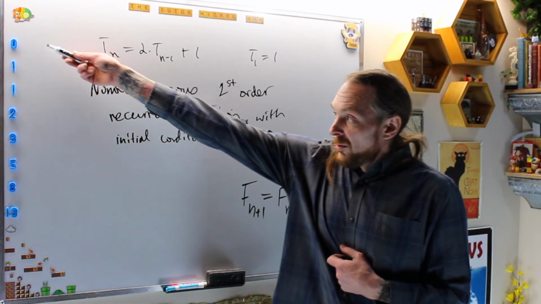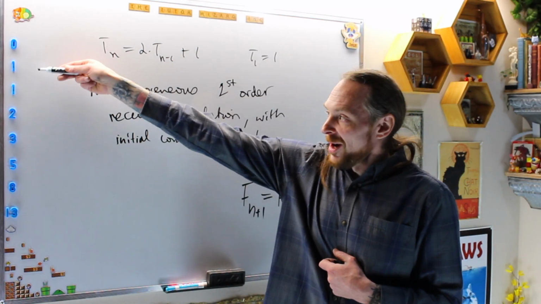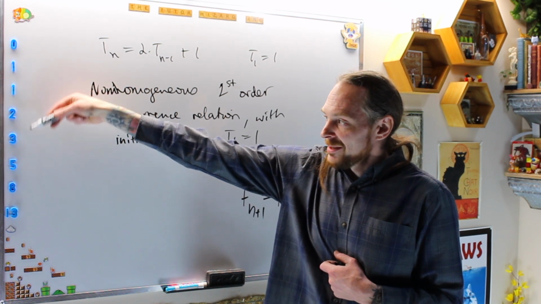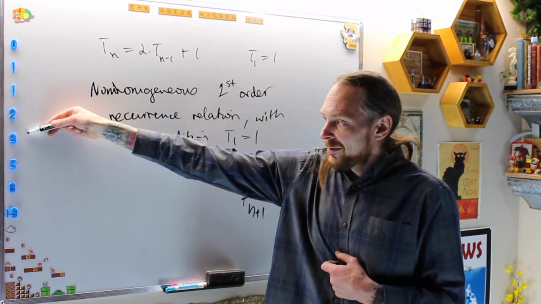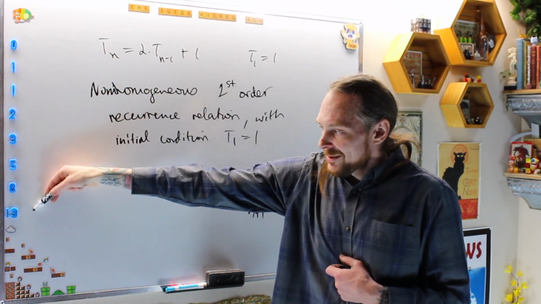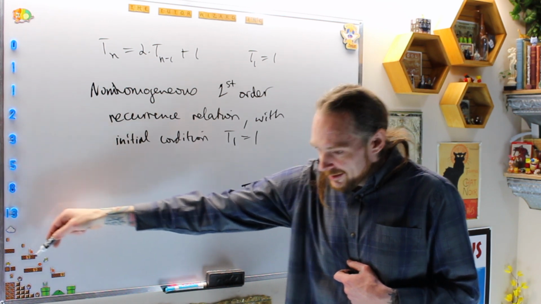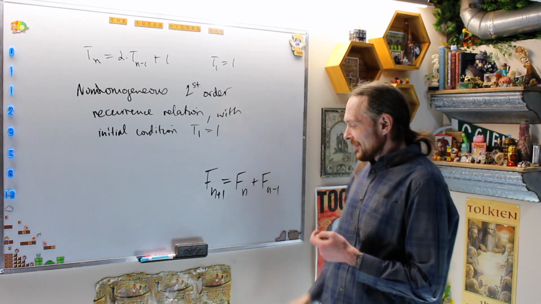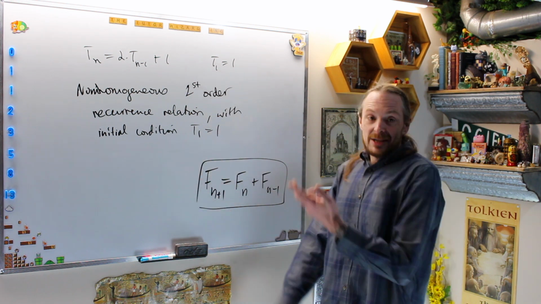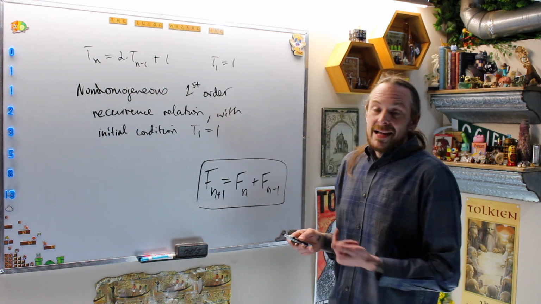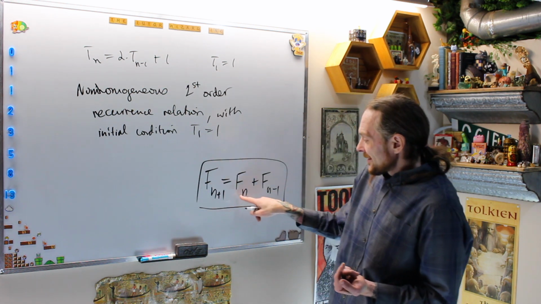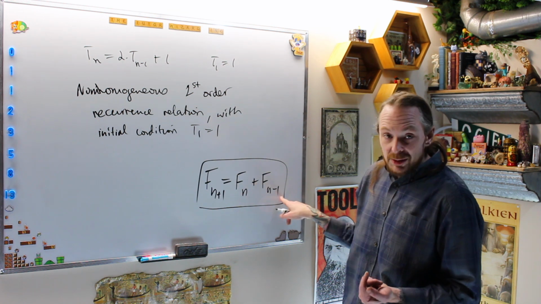So 0 plus 1 is 1, 1 plus 1 is 2, 1 plus 2 is 3, 2 plus 3 is 5, 3 plus 5 is 8, 5 plus 8 is 13, 8 plus 13 is 21. Start learning about Fibonacci numbers. This is a recurrence relation also. Ours is the Tower of Hanoi recurrence relation. The Fibonacci one is second order because it depends on two previous terms.